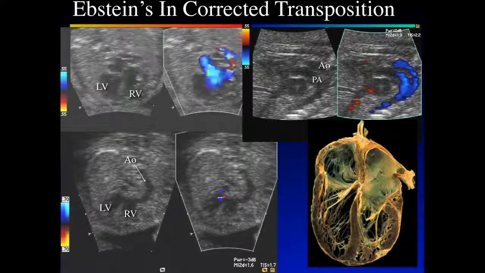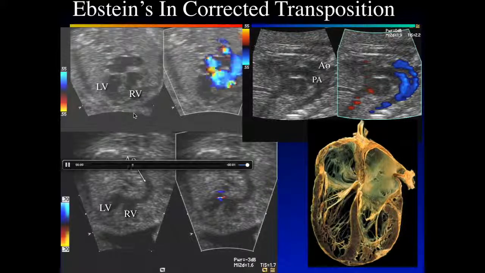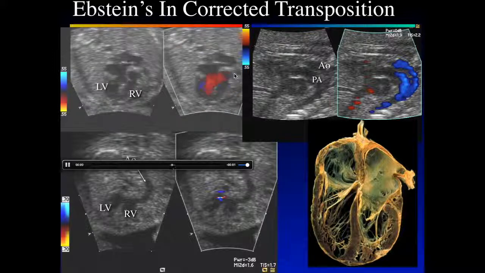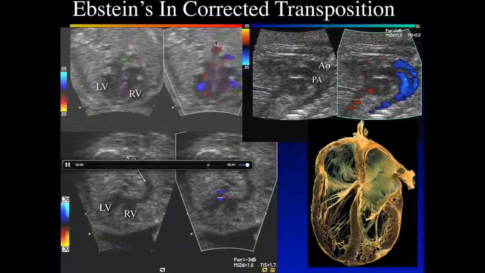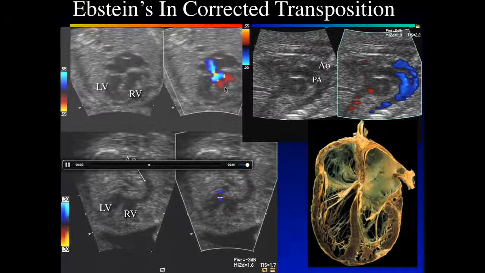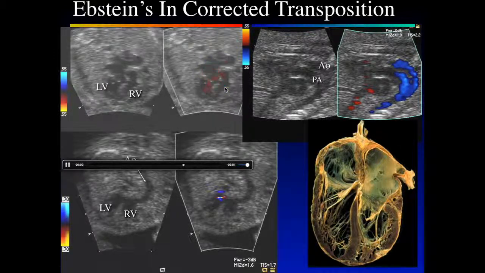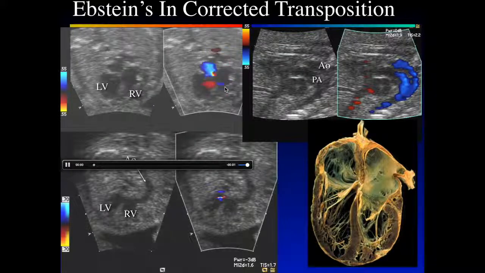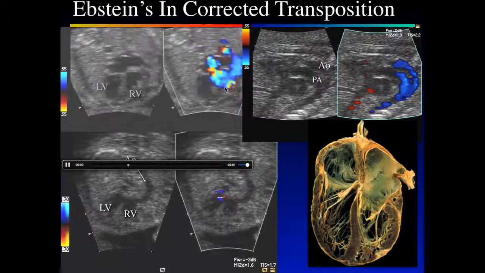I'll put these in motion to show you. Here's the right ventricle, and there's the aortic valve and the aorta coming off the right ventricle. So it's functionally systemic mitral insufficiency. It's not the mitral valve, but it's like mitral insufficiency.